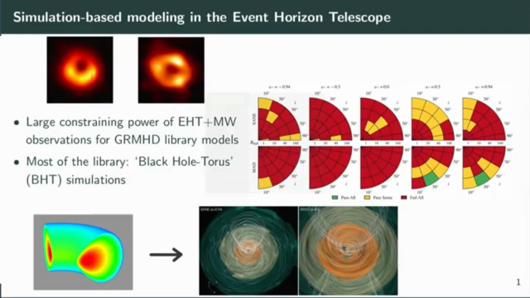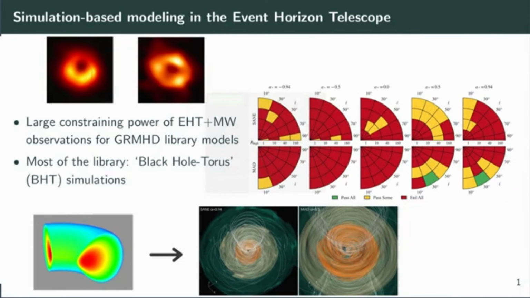This is not so recent, because now there are also constraints based on polarization, but this is from the theory paper from 2022 about the simulations of the observations for Sagittarius A star performed in the year 2017. Here there are different sets of models that are colored according to how well they perform against the constraints given by observations. We will speak about this in more detail in the next slides.